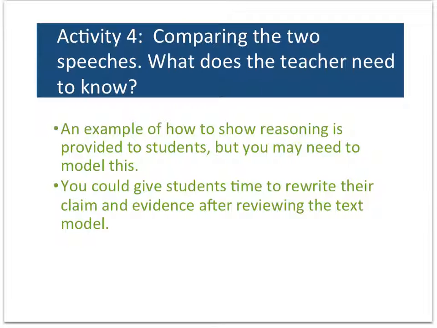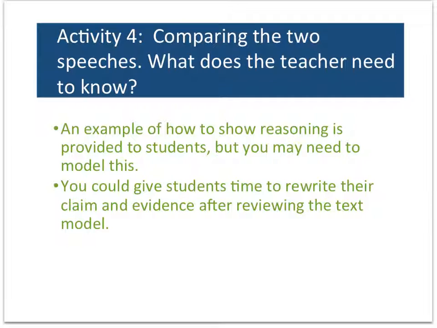So give students time to write their claim and evidence, given the example. And then there is a model that shows how you might set up a claim, argument and reasoning.